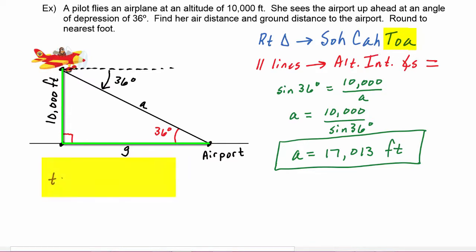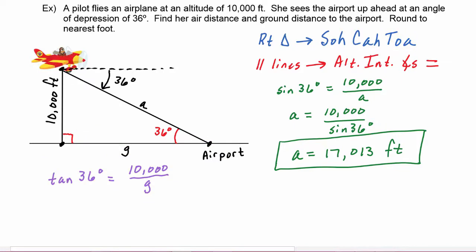So we know that tangent of 36 degrees is going to be equal to 10,000 divided by G. And as we just had to do a minute ago, the G is going to cross multiply up, the tangent of 36 will cross multiply down, and we get that G is equal to 10,000 divided by the tangent of 36 degrees.